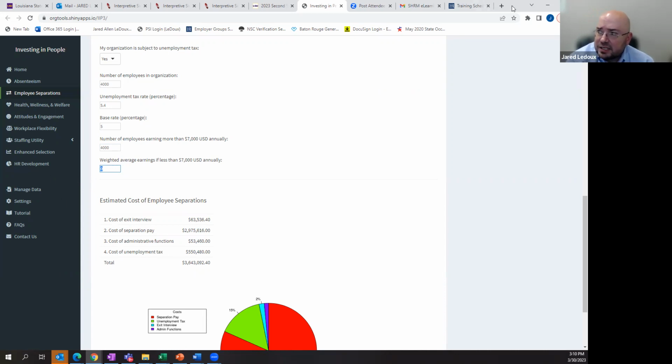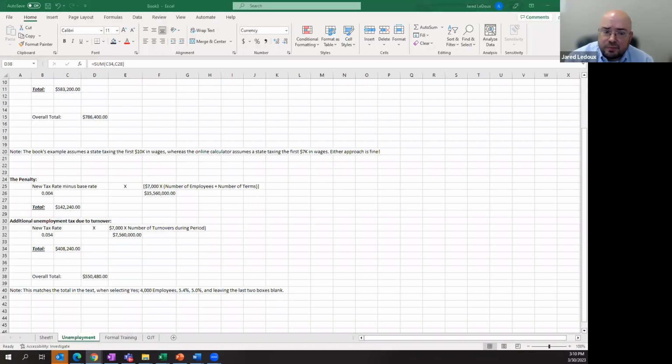The text does go into a more nuanced calculation because, what if not everyone in your organization makes $10,000, right? If you have team members who turn over in 2 weeks, well, then they're not making $10,000, so you don't have to pay the full $10,000 toward that person, or the full $7,000, right, toward that person.